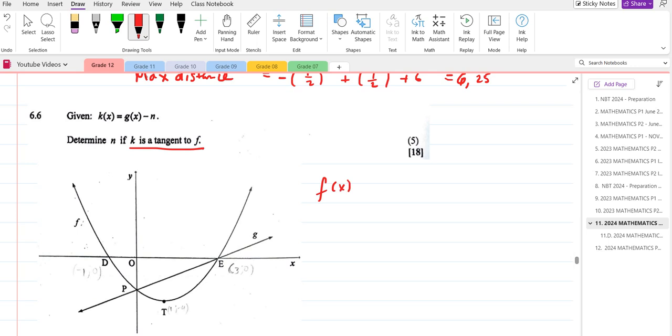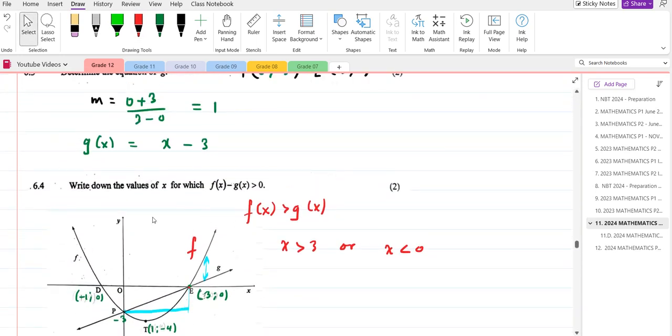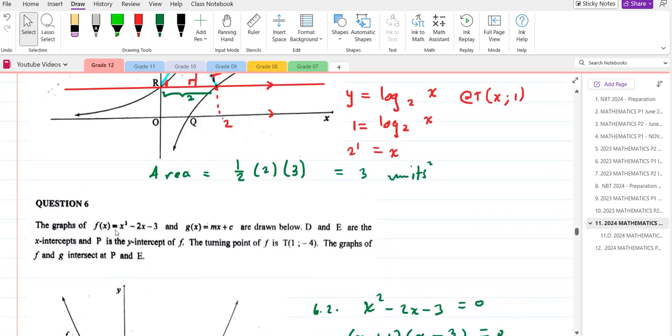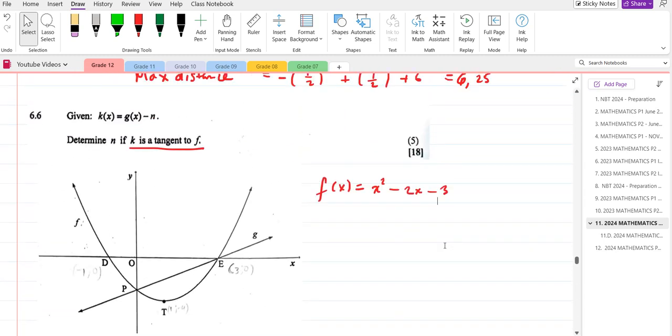We know f of x is equal to x squared minus 2x minus 3. We can say f prime x is now equal to 2x minus 2, because this here is basically my gradient function.